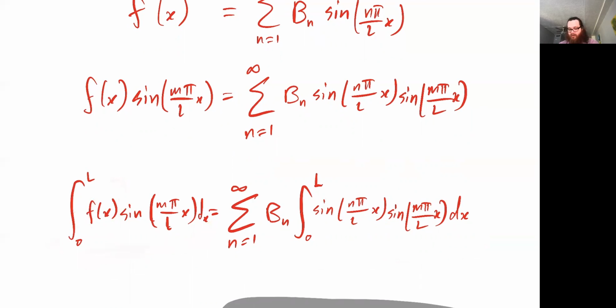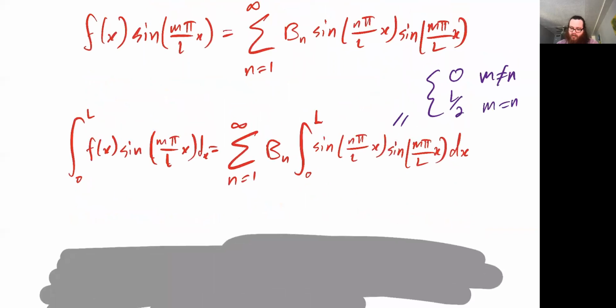Okay? It's equal to the sum over these coefficients b sub n of these integrals. But these integrals we know how to compute. These were 0 if m is different to n, and L over 2 if m is equal to n.